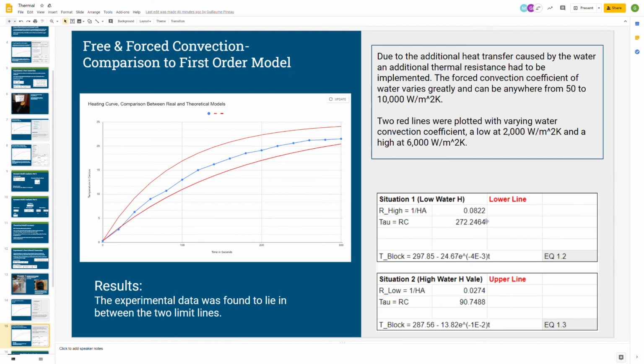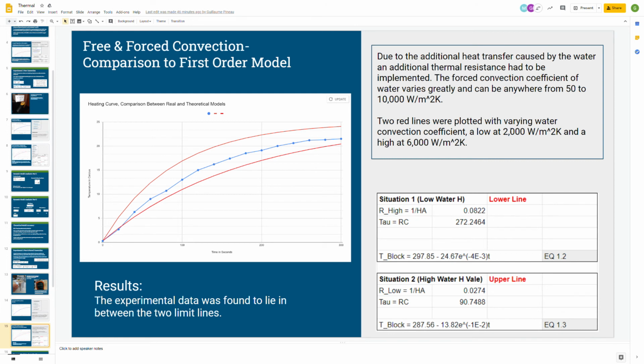We followed the same process as the case where we just have convection by air, where we're able to create two different resistance values. So we'll have two different responses, with an H value of 6,000 watts per meter squared Kelvin and an H value of 2,000 watts per meter squared Kelvin. We just pulled those values off of Engineering Toolbox.